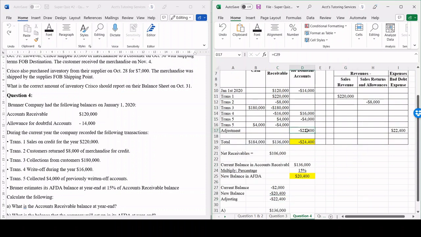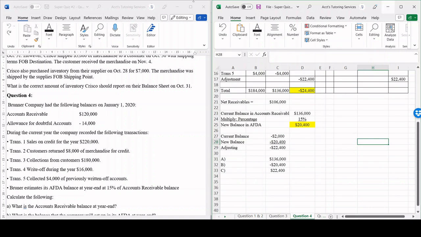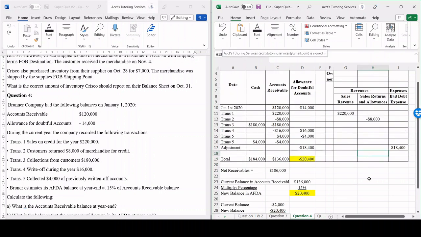If you plug this in here and calculate the ending balance, negative 14,000 plus 16,000 plus negative 4,000 plus negative 2,400 equals negative 4,400. Okay, cool. That's a red flag because the new balance should equal negative 2,400. So you made a mistake there. Double check your work. Easy marks, right? Easy marks. All right. Remember, practice this question. Very important. And yeah, next video, we'll tackle the last question.